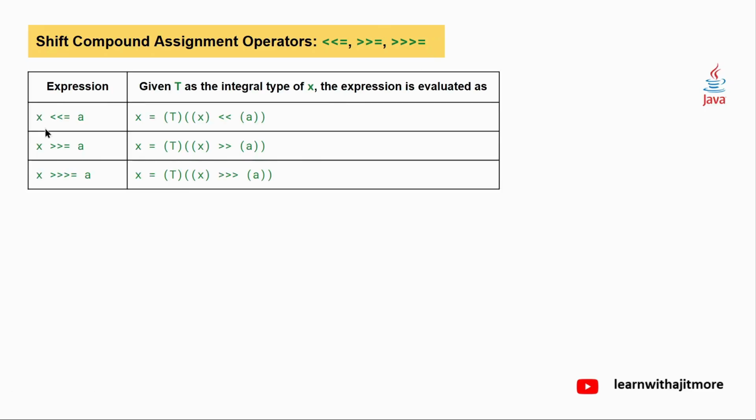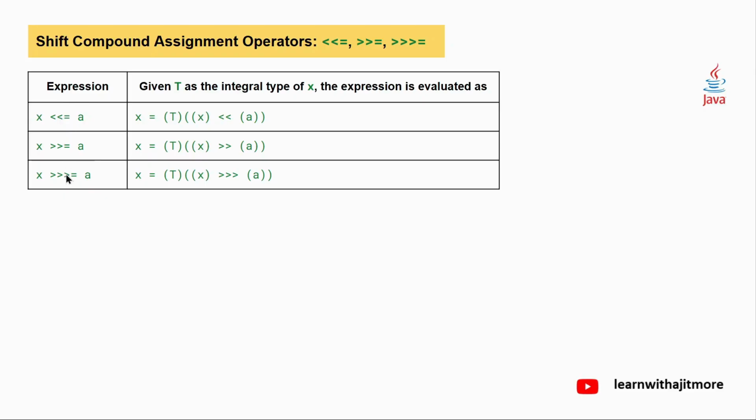Check this. X <<= A is going to shift X left A times, and whatever answer comes, it is going to store in X only. X >>= A shifts X right A times and stores the answer in X. Here also it is the same thing, right shift, but this >>>= is zero fill right shift, and the other is sign fill.